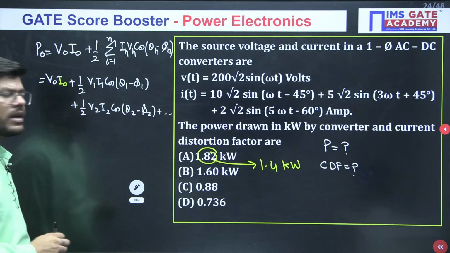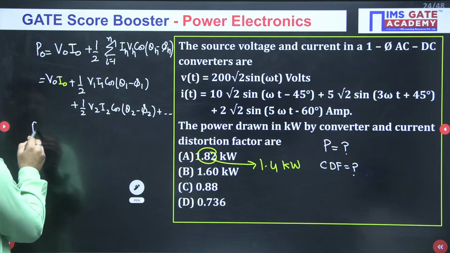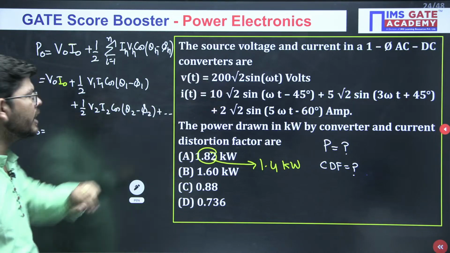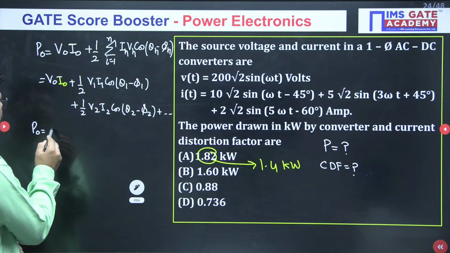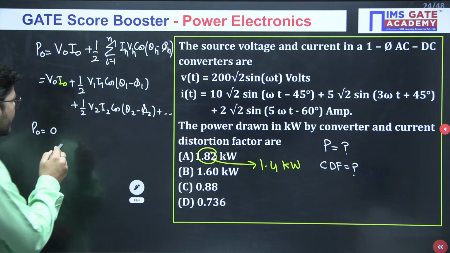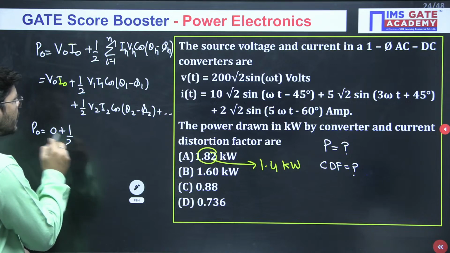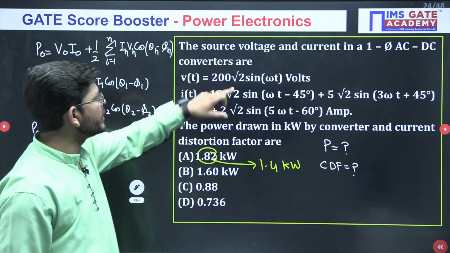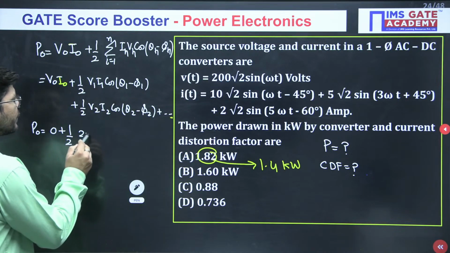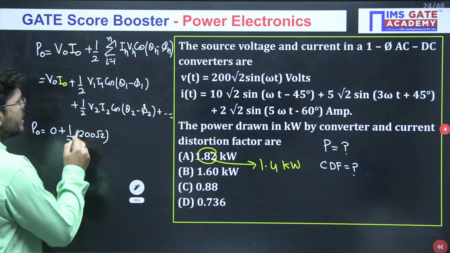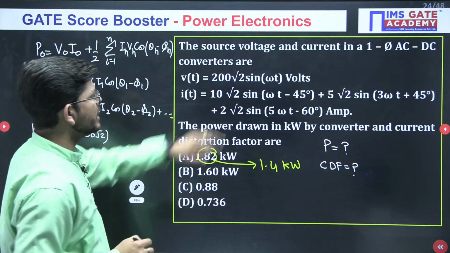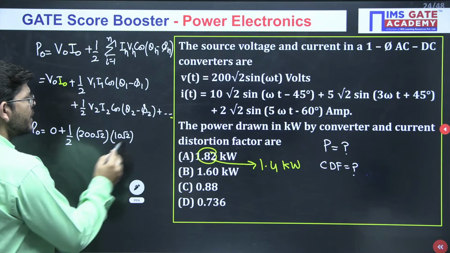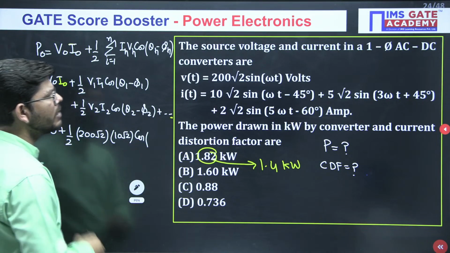and so on. Now if we put the values here, do we have any DC component of voltage and current? No. So the corresponding term will be 0, plus half. V1 is the fundamental maximum voltage, which is 200 root 2 here. Similarly, I1 is 10 root 2, the fundamental frequency component of current, into cos of the angle between them.